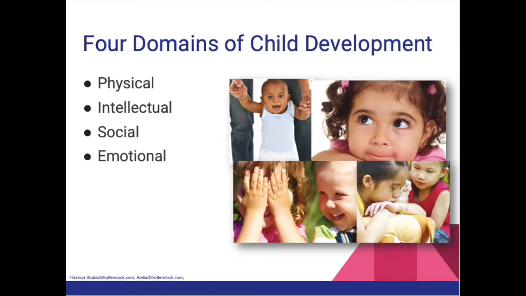The 4 domains of child development, okay, so basically the 4 areas that children develop in that can describe all of the different ways they develop are physical, intellectual, social, and emotional. And often social and emotional get kind of lumped together, and they will for this course. So physical development involves the growth of the body and the development of your large and small motor skills, like we talked about on the last one.